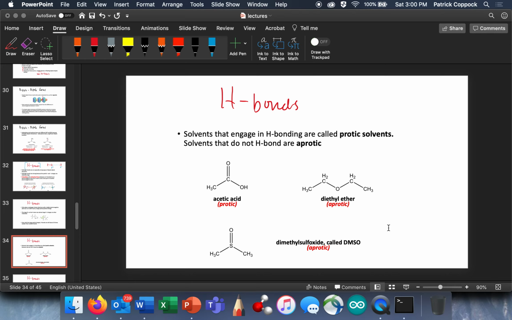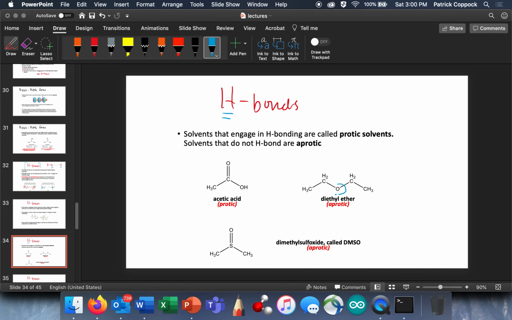So look at this. Solvents that have hydrogen bonds are called protic solvents, and protic because that is an ionizable hydrogen. It's a proton, right? An aprotic solvent would be something that does not have hydrogens bonded to an electronegative element.